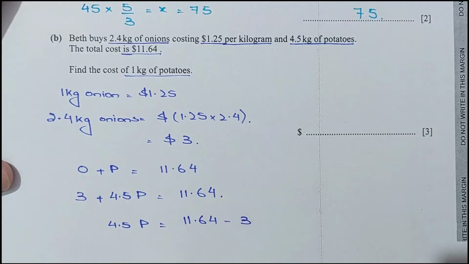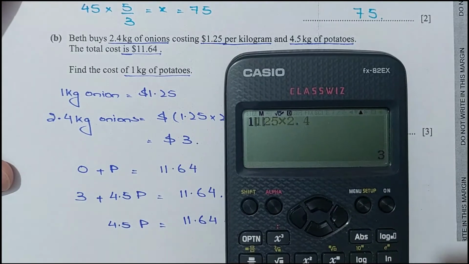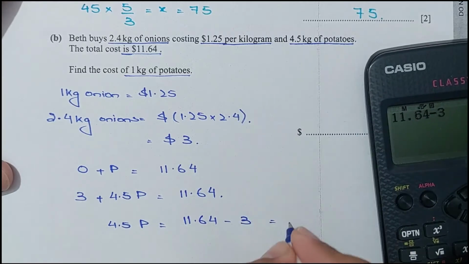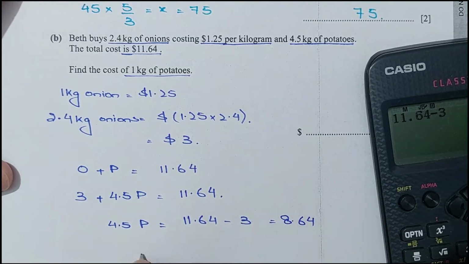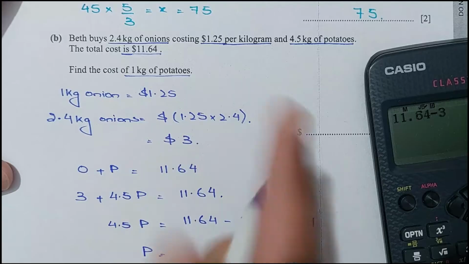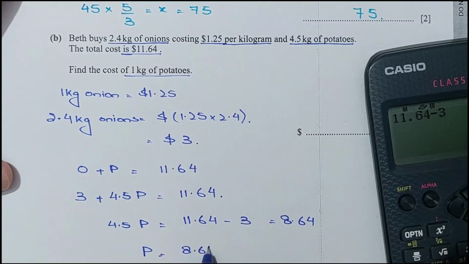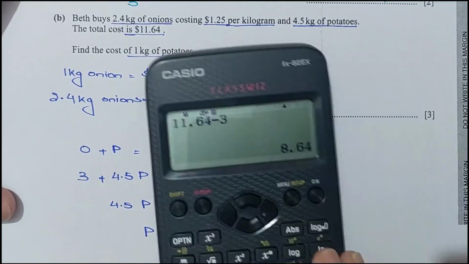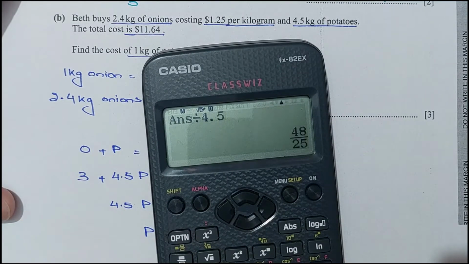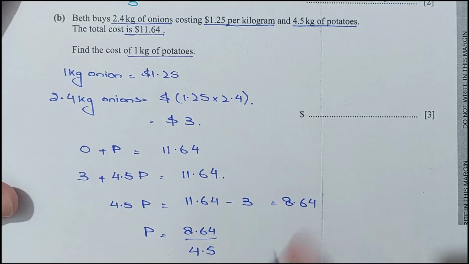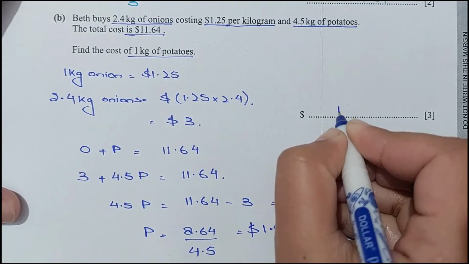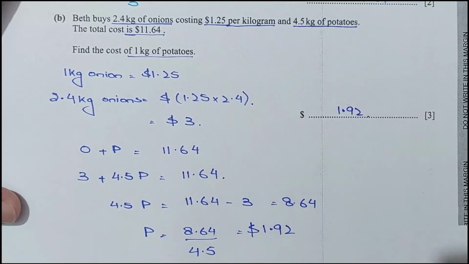Take away 3: 11.64 take away 3 is 8.64. To get the value of 1 kilogram of potatoes, we do 8.64 divided by 4.5. This would be 1.92. So $1.92 is the cost of 1 kilogram of potatoes.